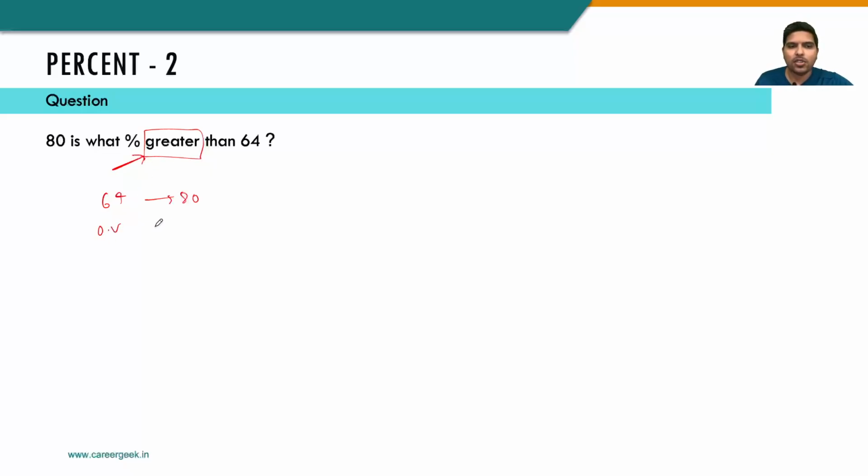So I know this is original value and this is final value. So percentage greater or increase is the difference upon original. I see a lot of people just because 80 is given in the start, they will take 80 as the original value. No, percentage can never increase if 80 is becoming 64, right?